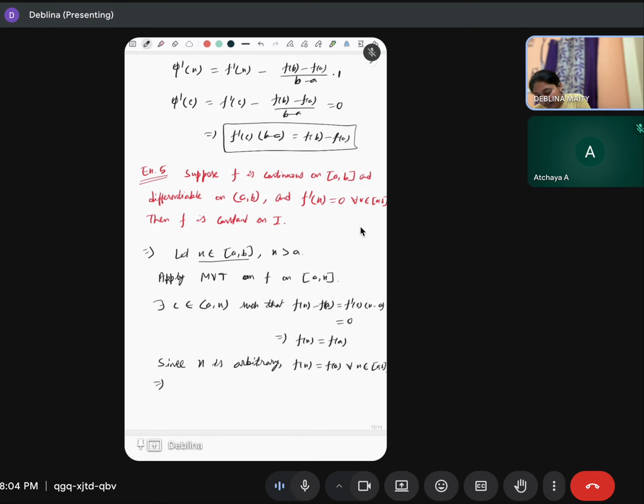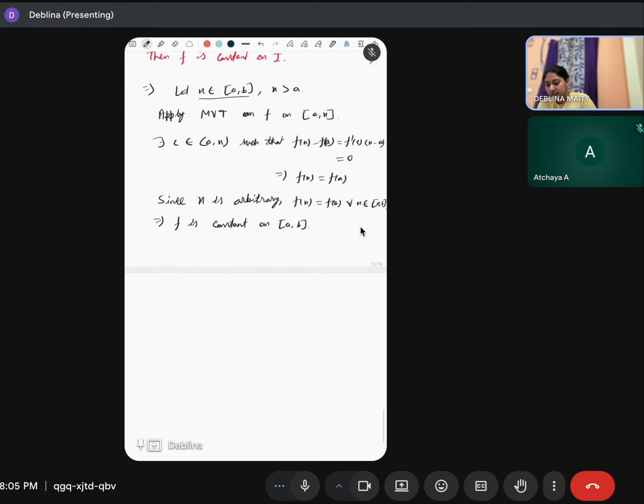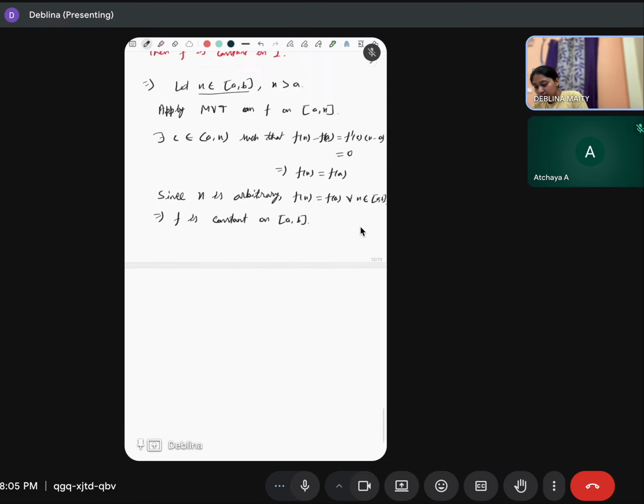So this implies f is constant on this closed interval. If the derivative is 0 on the whole interval, then it is constant on that interval.